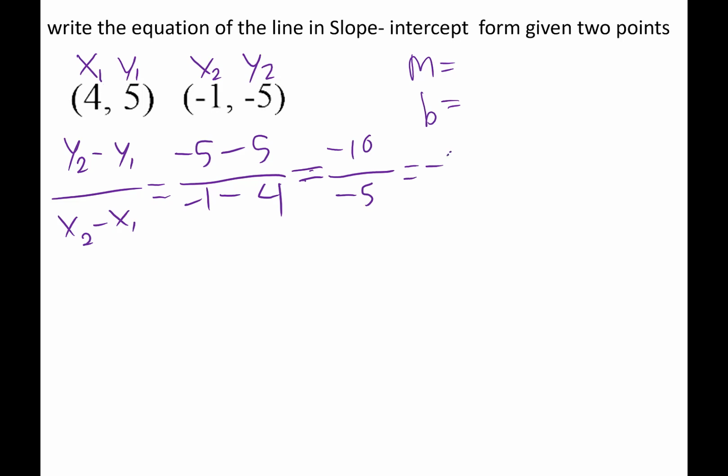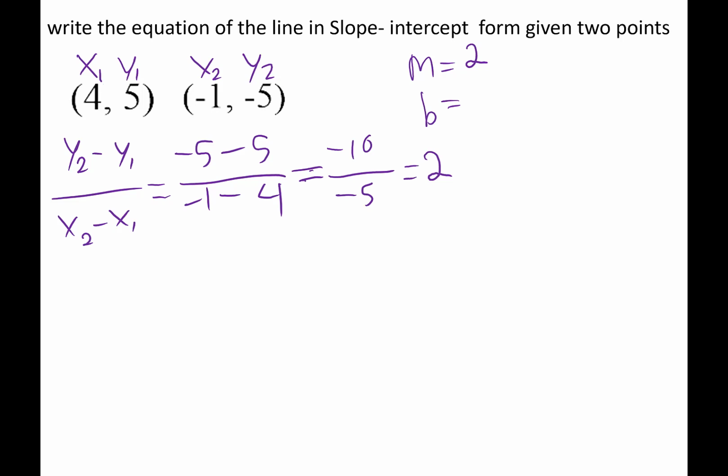Or not negative 2, sorry. Negative divided by negative is a positive, so a positive 2. So my slope here, guys, is a positive 2. Now I need my y-intercept. This goes back to what I said about x and y when I have slope-intercept form.